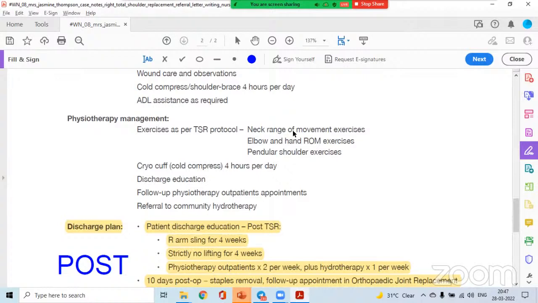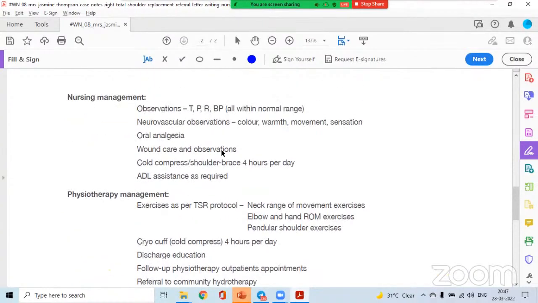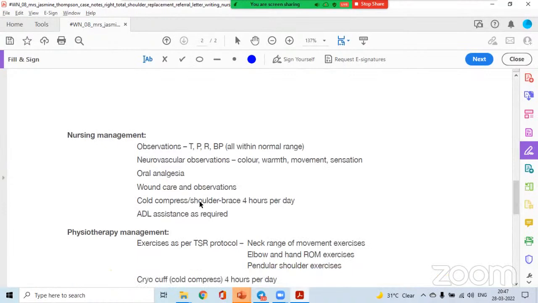So neck range of movement exercises, elbow ROM exercises, and pendular shoulder exercises. Range of motion exercises, pendular shoulder exercises. Don't write ROM exercises if you have to write it, write range of motion exercise. But is it relevant or not? All these things are very important. So first, relevance, you have to notice.